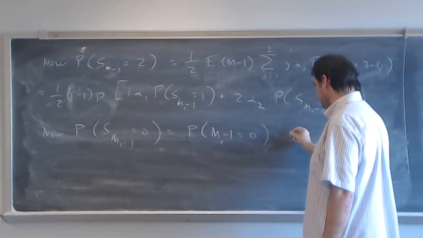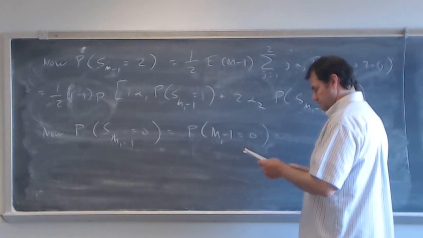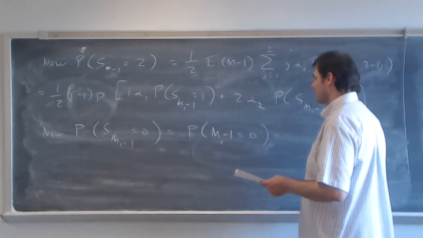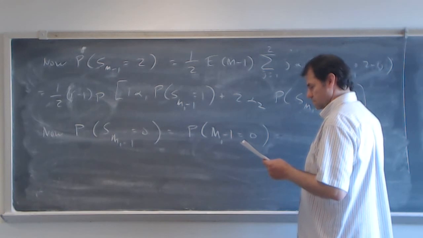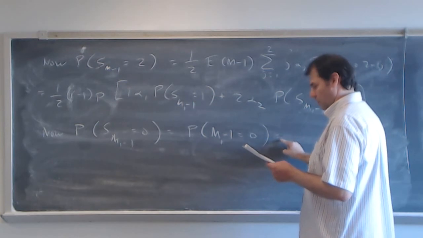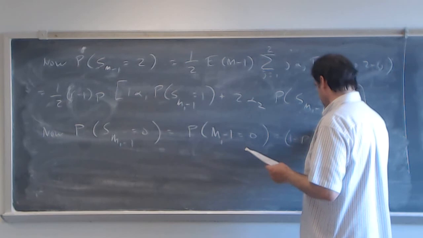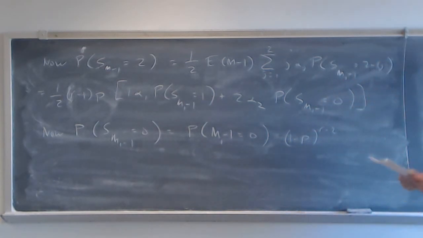So this was equal to, I think, yeah, it's r minus 2. That's right. So I can just go ahead and put that in. So it's 1 minus p to the r minus 2. I didn't make a mistake. That's what that is. All right.